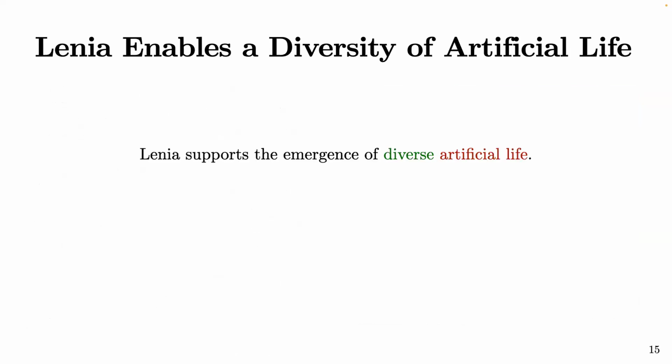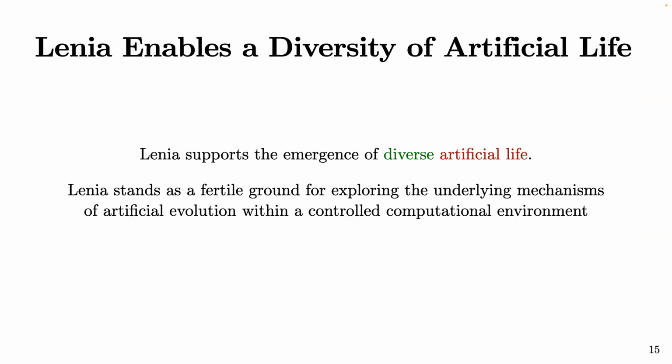So yeah, Lenia supports the emergence of diverse artificial life. And I think that it stands as a fertile ground for understanding the mechanisms of evolution within a controlled computational environment. So I think that as an artificial system, Lenia can serve as an ideal testbed for examining the emergence of diverse artificial life.